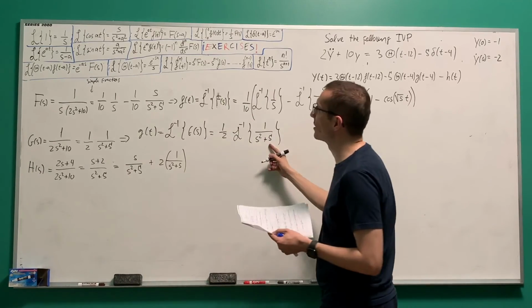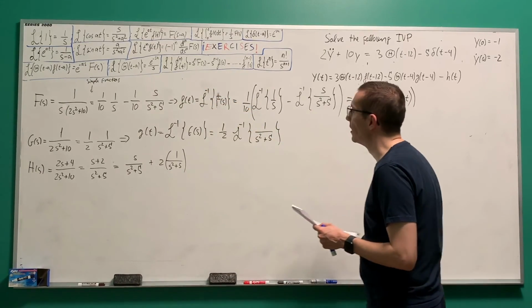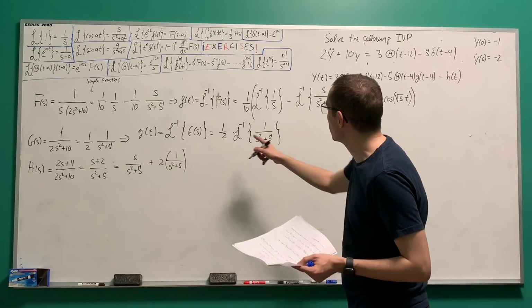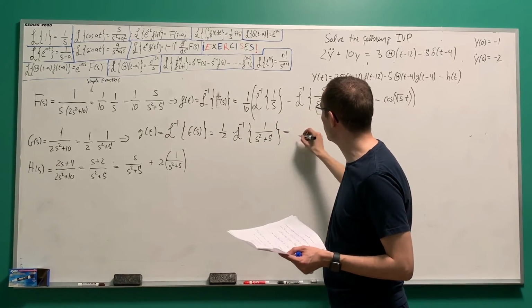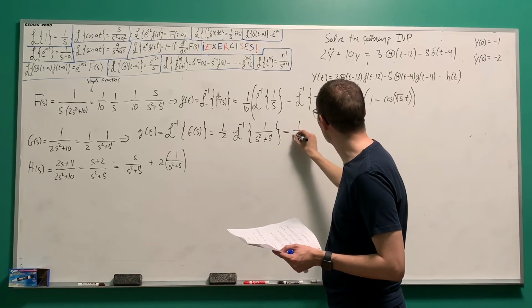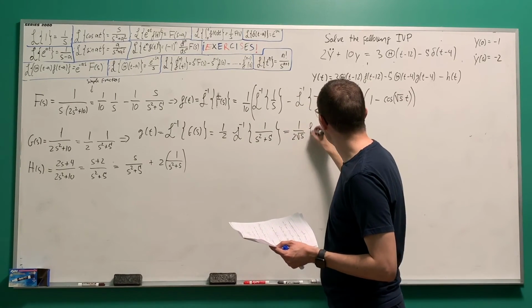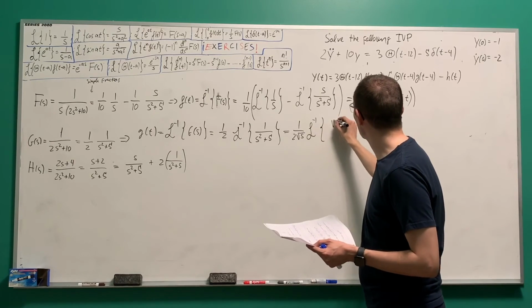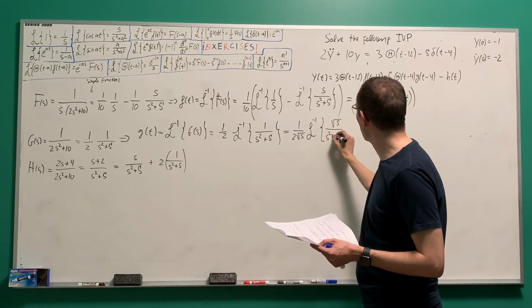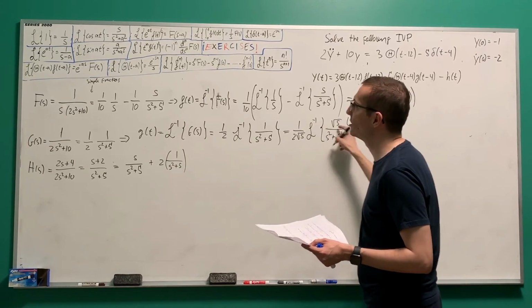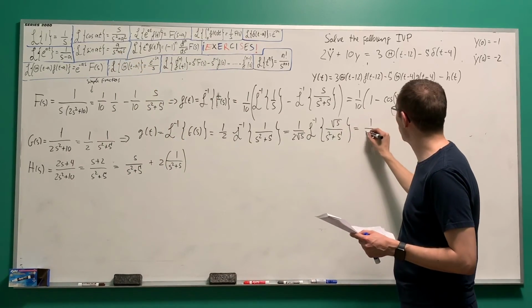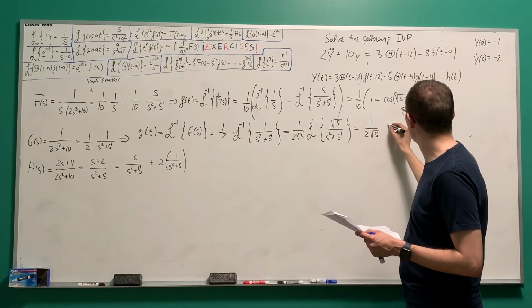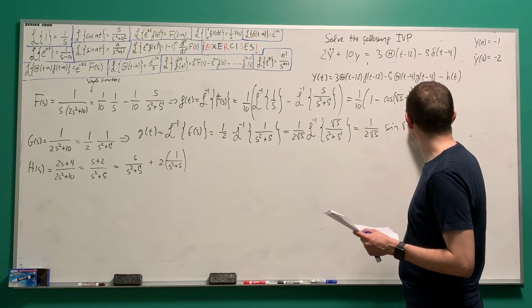Same as before, but instead of the cosine, this is the sine, right? For this to be the sine, I need to have a square root of 5 in here. I can put it there by multiplying and dividing. So 1/2 √5 inverse Laplace of √5 over s squared plus 5. Now it's literally the sine where a is √5. So this thing is 1 over 2√5 times sine of √5 t.